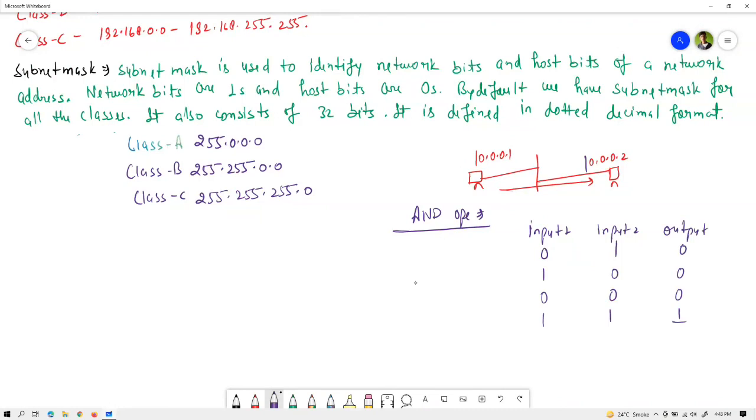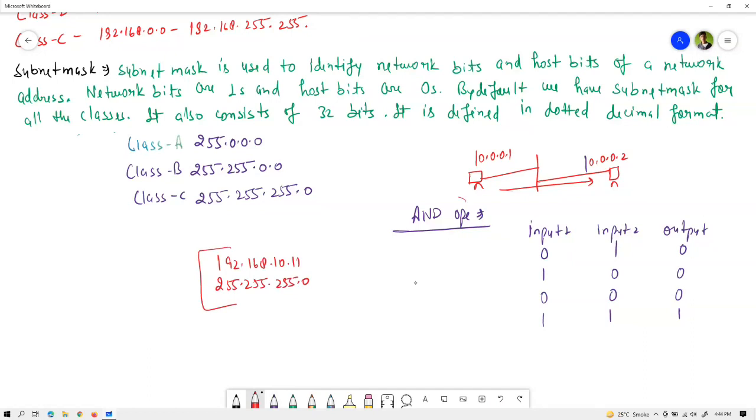Now, let's say we have an address, for example 192.168.10.11. What will be its default subnet mask? It is a class C network, right? So its subnet mask is 255.255.255.0. Now, if I am asking what will be the network address of this particular IP address and subnet mask, or which network this IP address belongs to, then you need to find the network address.